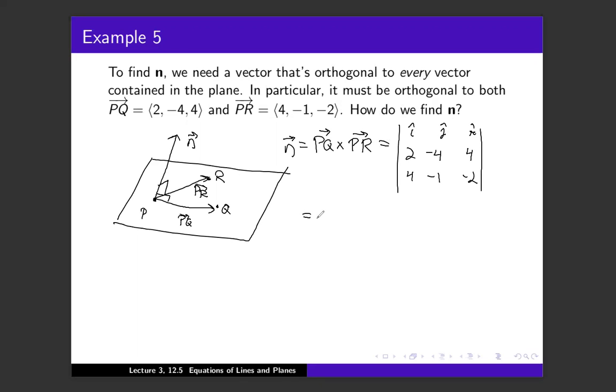In this case, this is going to be 8 plus 4 for I, then subtract -4 minus 16 for J, then plus -2 plus 16 for K. Or in other words, this is 12I plus 20J plus 14K.